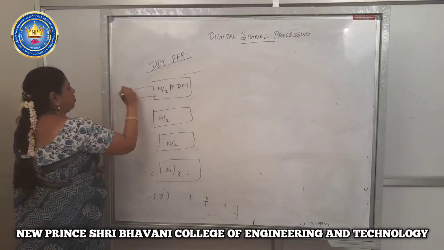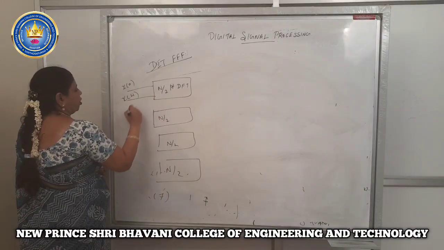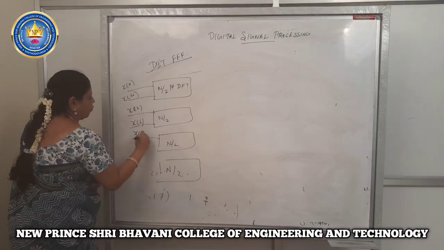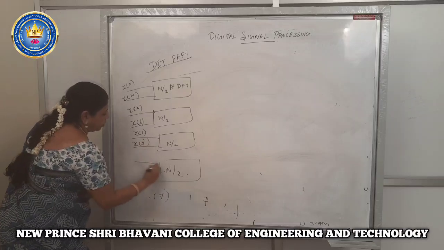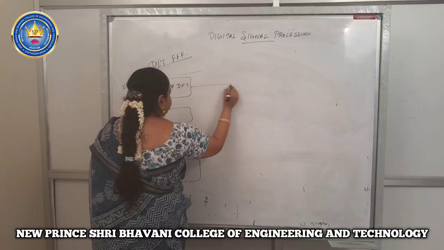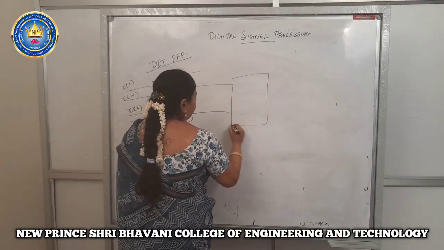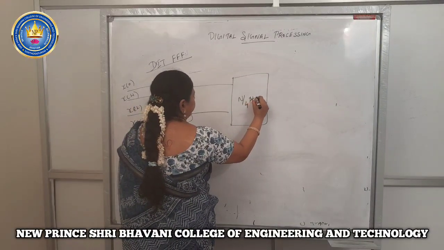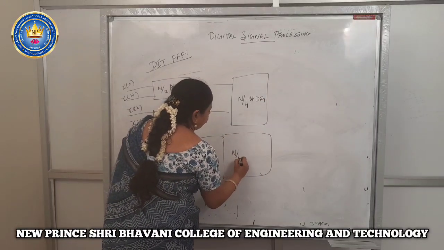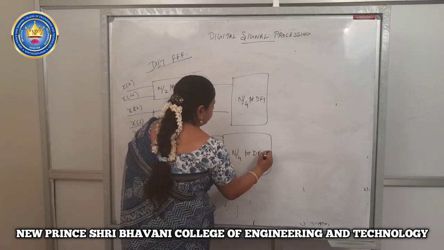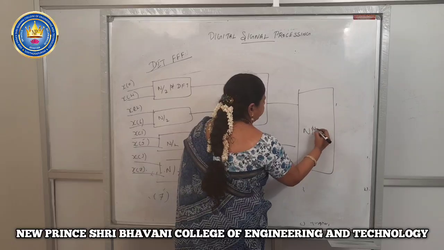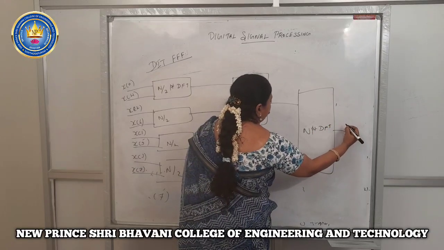Here the values will be x of 0, x of 4, then x of 2, x of 6, then x of 1, x of 5, then x of 3, x of 7. From this I'll get my n by 4 point DFT, and here again I'll have my n by 4 point DFT, and finally combining here I'll get my n point DFT. This is my output.